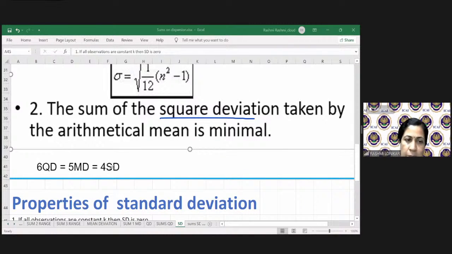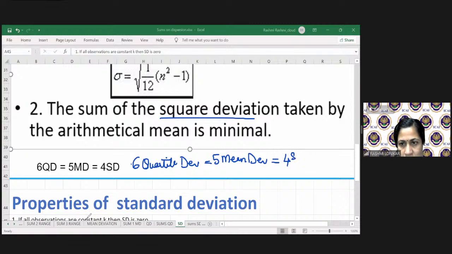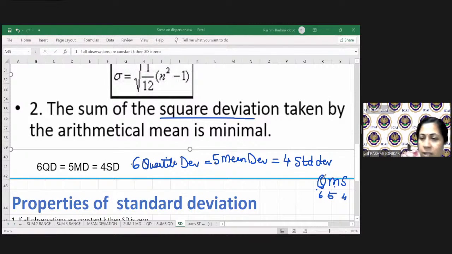Then you have this very important empirical formula. What is this empirical formula? It says that 6 times quartile deviation is equal to 5 times mean deviation is equal to 4 times standard deviation. इसको याद कैसे रखेंगे? शॉर्टकट है QMS, क्वार्टाइल, मीन और स्टैंडर्ड. और ये क्या है? 654 है ना, अच्छे से याद रह जाएगा.